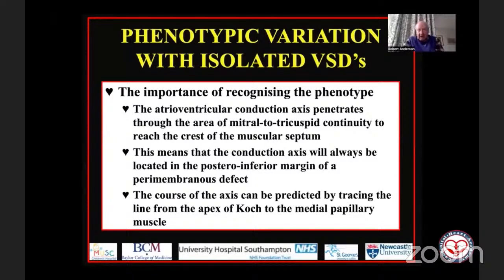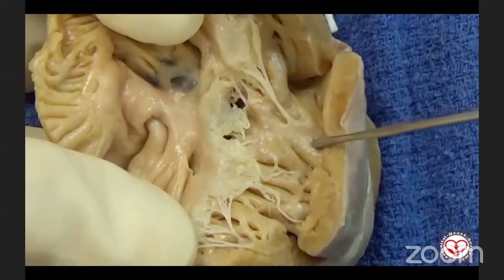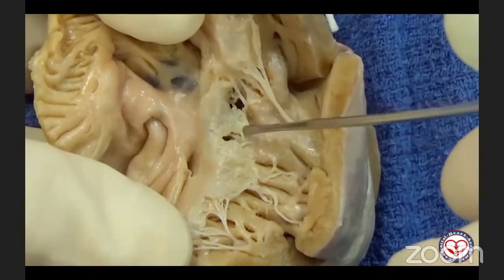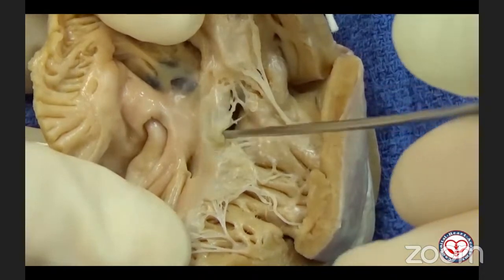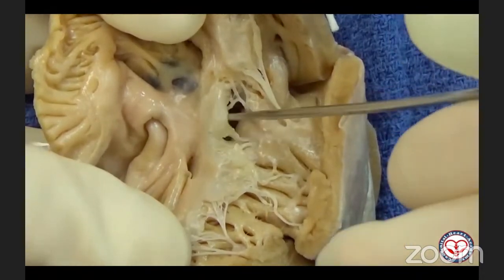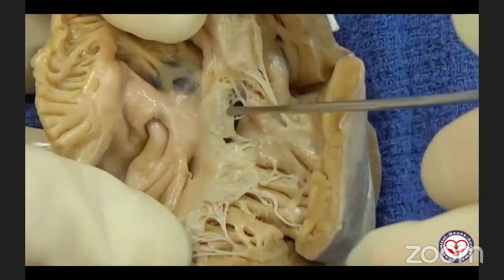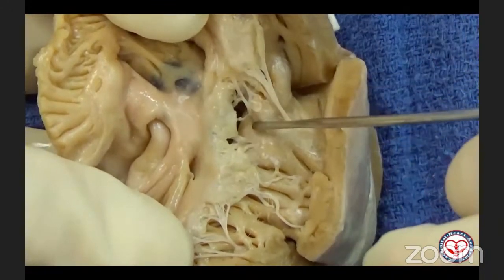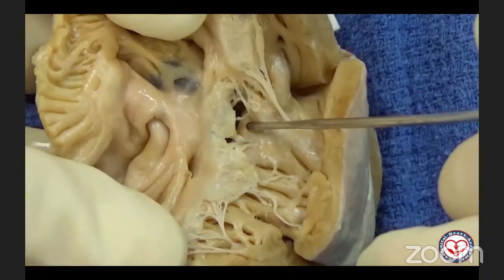So now let's look at how we can find this in the heart, in the gross autopsied heart, and again using virtual dissection. Here we see a perimembranous ventricular septal defect that is extending into the inlet component of this right ventricle so that it lies beneath the septal leaflet of the tricuspid valve.